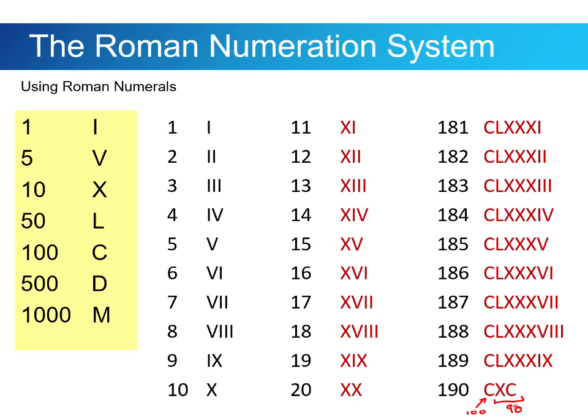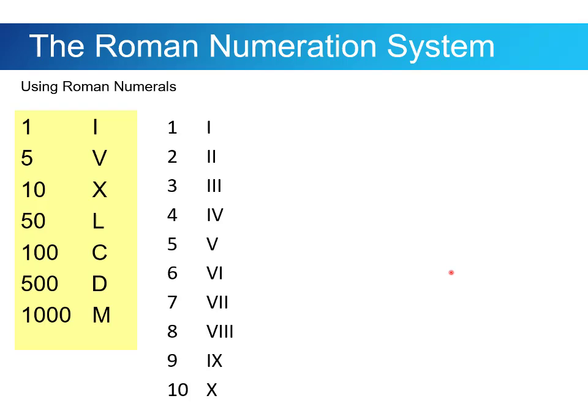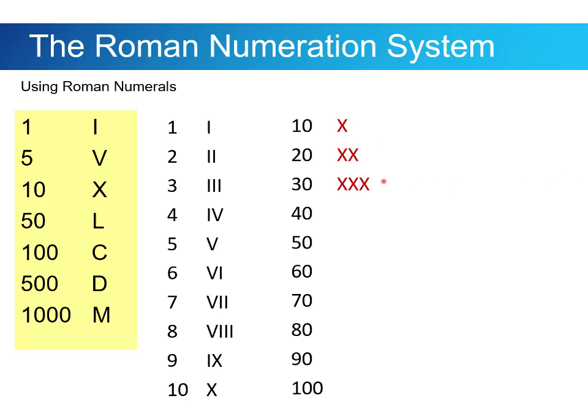Let's spend a little bit more time looking at this subtraction trick with different values. Again, 1 through 10, I can subtract the 1 from the 5, and I can subtract the 1 from the 9. Let's look at multiples of 10 through 100. So X, 20 becomes XX, 30 is 3 X's.